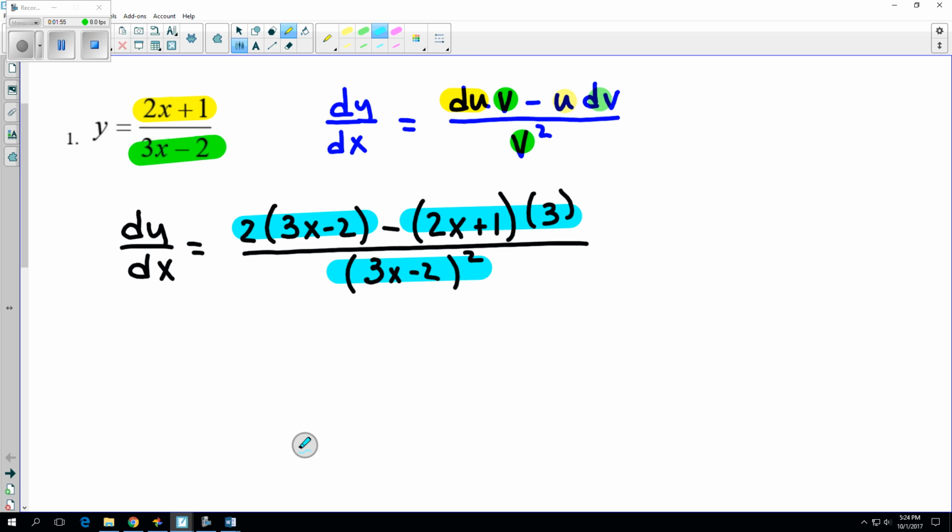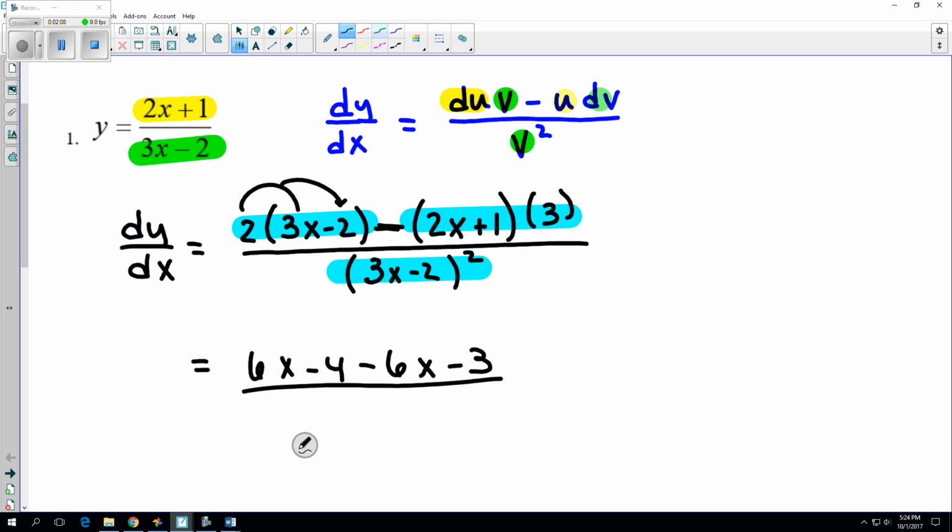Now you just apply some algebra, distribute the 2, distribute the negative and the 3, and you get negative 6x minus 3 all over 3x minus 2 squared. And rarely do we multiply that out. We just leave it as 3x minus 2 squared. It's easier to deal with instead of squaring it when I start to look at other things. So my 6's cancel. So I think I've got 4 and negative 3. Negative 4 is negative 7 over 3x minus 2 squared.